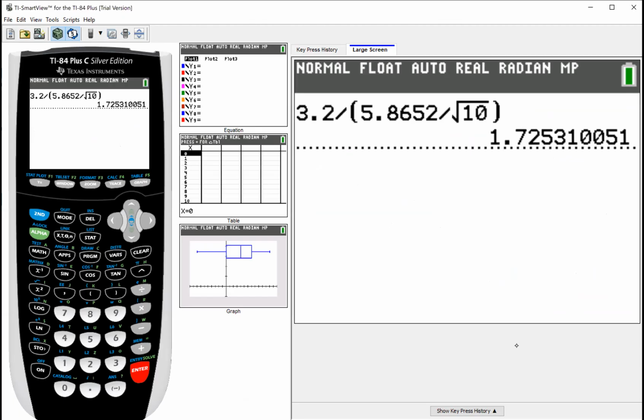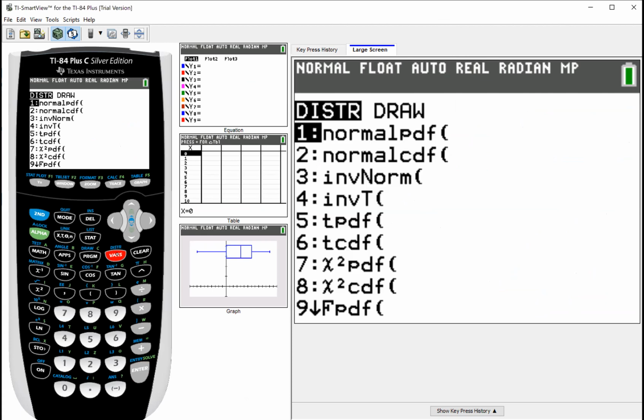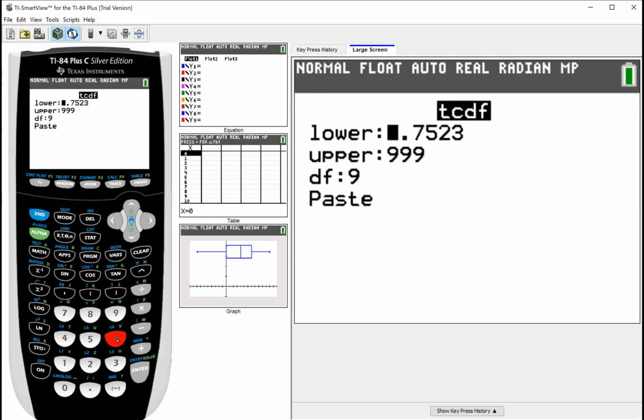Okay, so back on the calculator, I'm going to go to second vars and tcdf, which is number 6, and I'm going from 1.7253 to 999, and my degrees of freedom are 9.